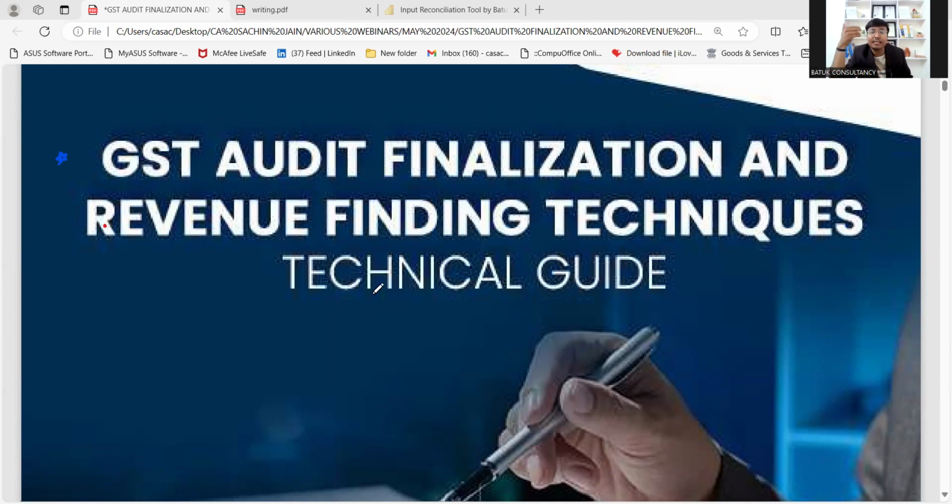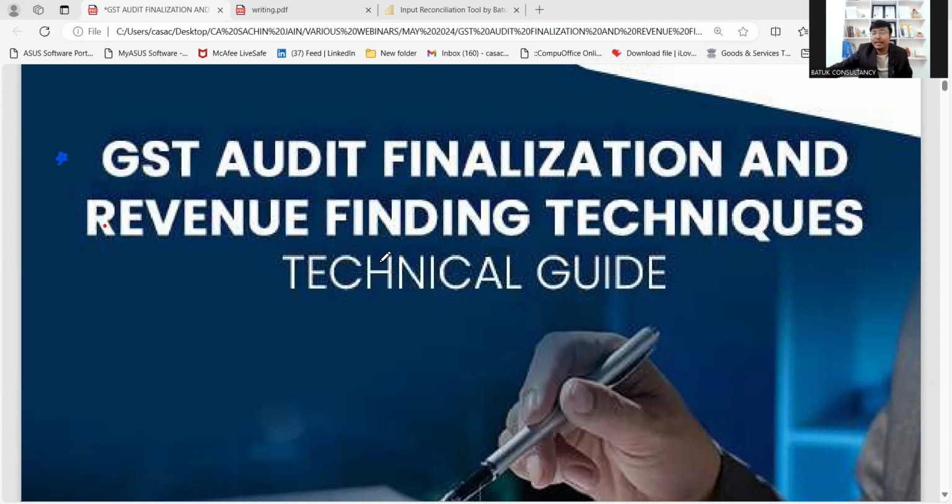We also covered practical examples related to section 16 subsection 2, the condition that you can claim input only after the goods are received, and its importance while doing my GST audit. That we had covered.